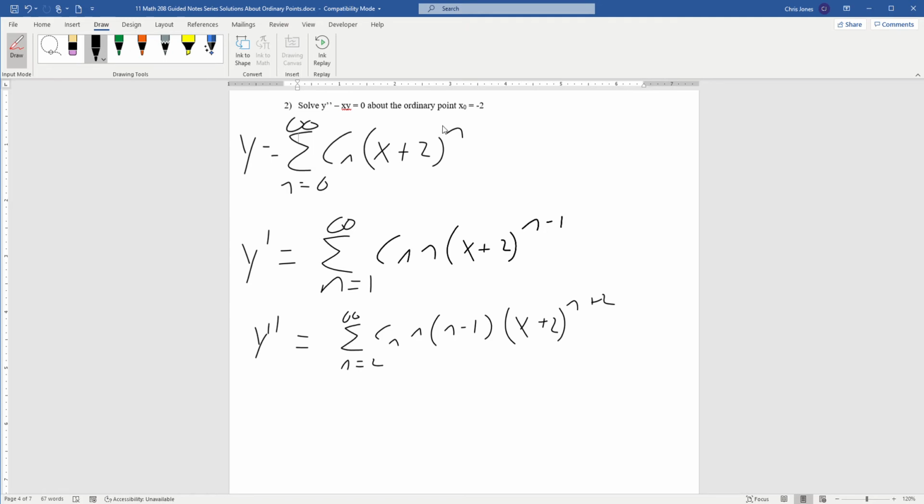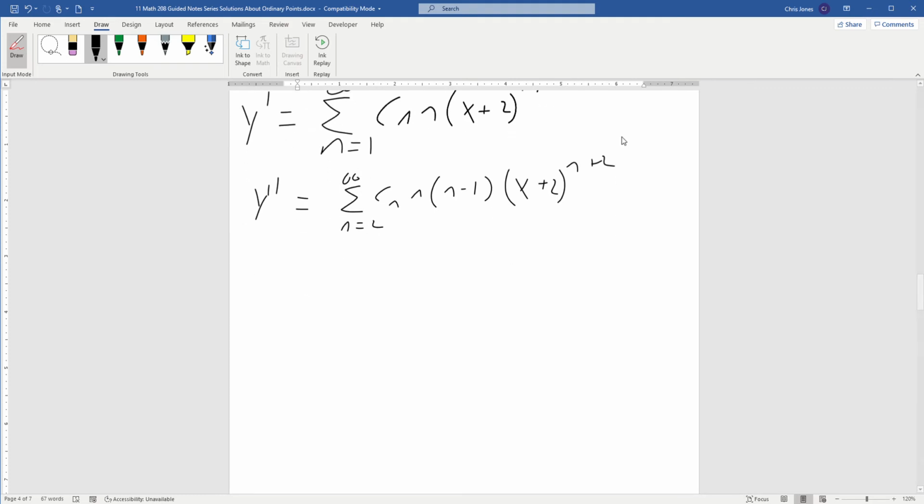At this point, we're going to substitute, and everything's normal. So we're going to have the series that we just got. Remember, our original differential equation that we're looking at is y double prime minus xy equals 0. So it's going to be the series n equals 2 to infinity, c sub n, n, n minus 1, x plus 2 to the n minus 2, or n minus 2, excuse me. This should be an n minus 2.